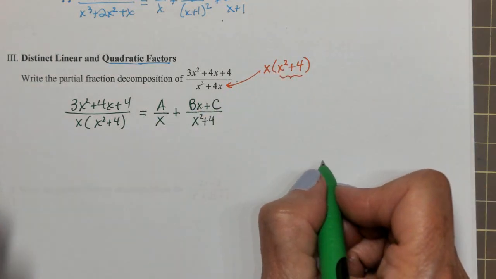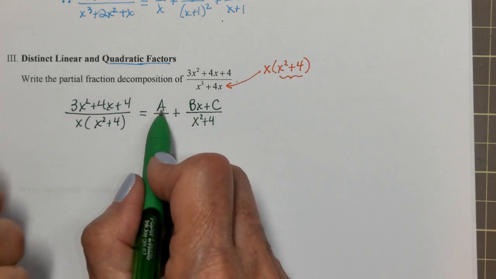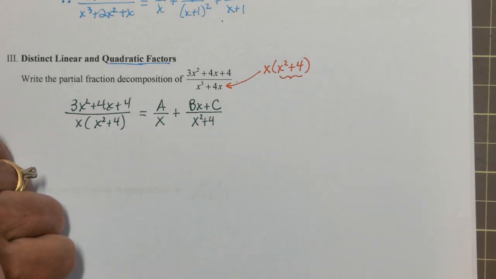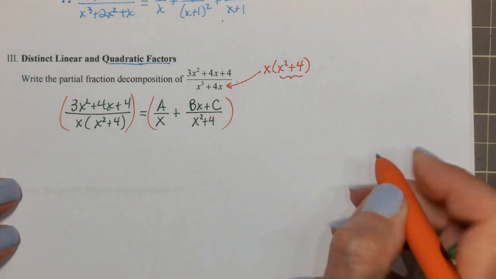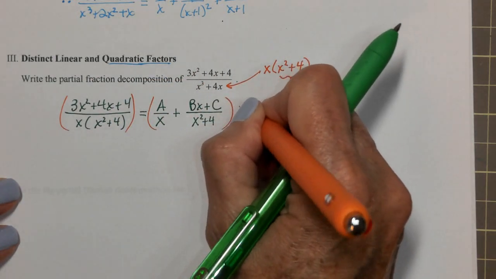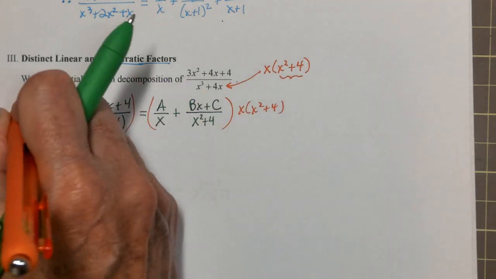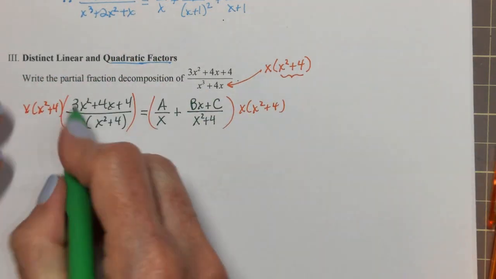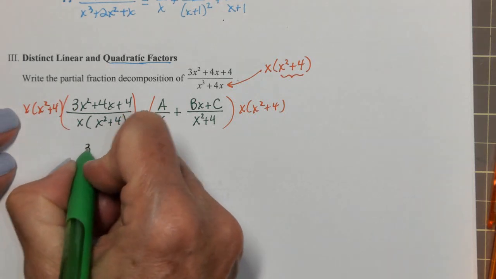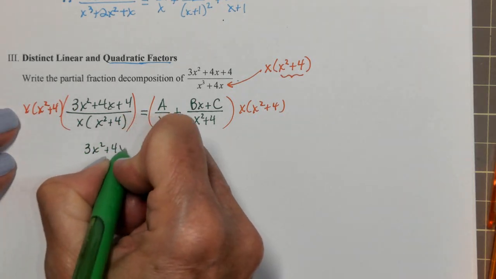Okay? So we're going to find the value of a, b, and c. Just like we've been doing, I'm going to multiply both sides by the common denominator. On the left, I'll have the 3x squared plus 4x plus 4.